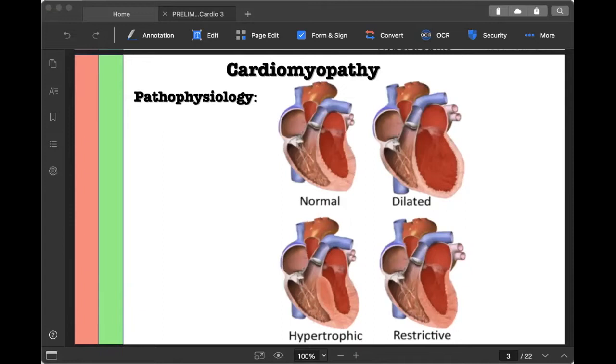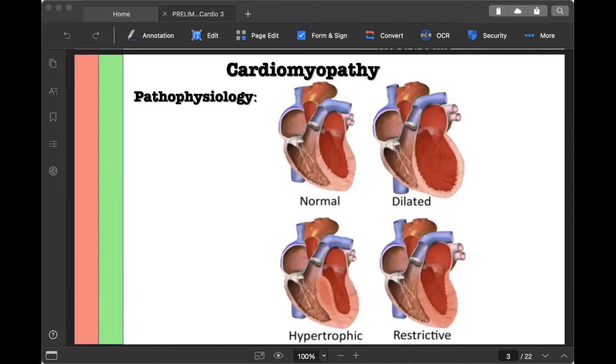Those are your etiologic factors. Here comes the type of cardiomyopathy. You will undergo diagnostic laboratory tests and other testing, and it will be labeled as dilated, hypertrophic, or restrictive.